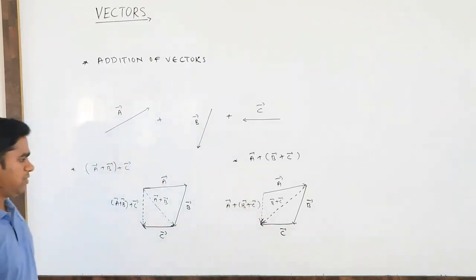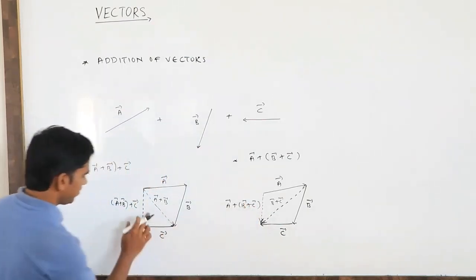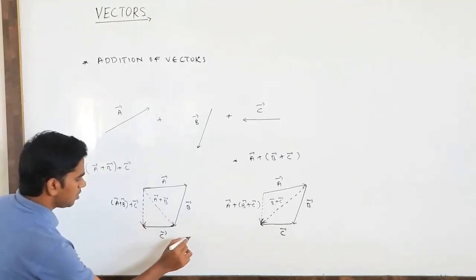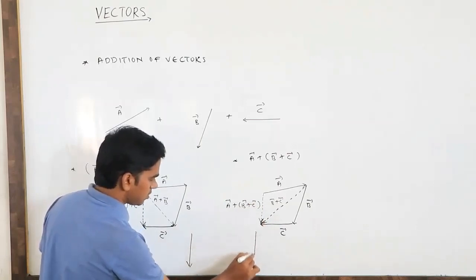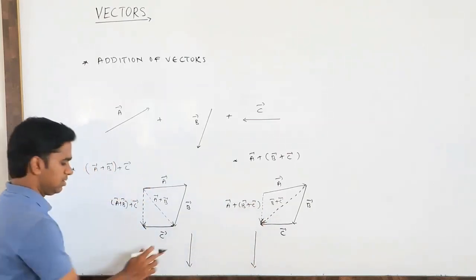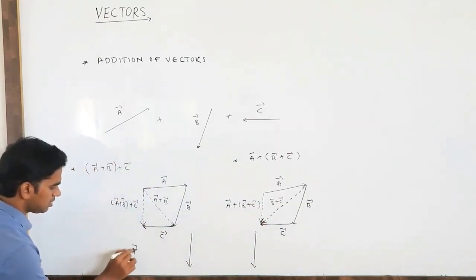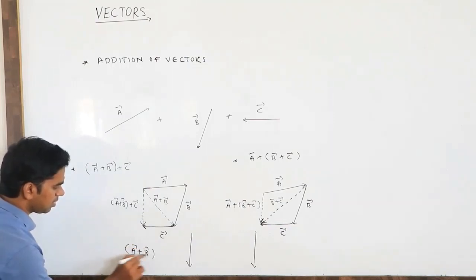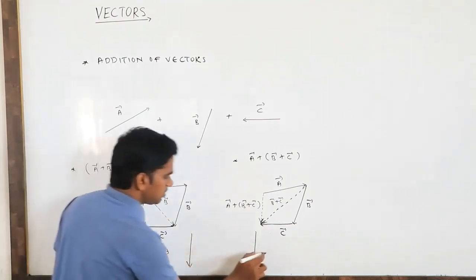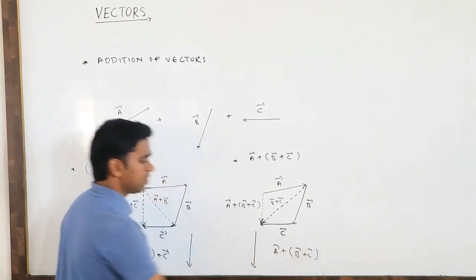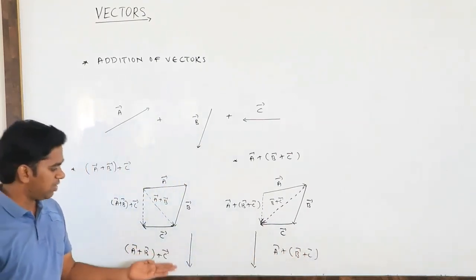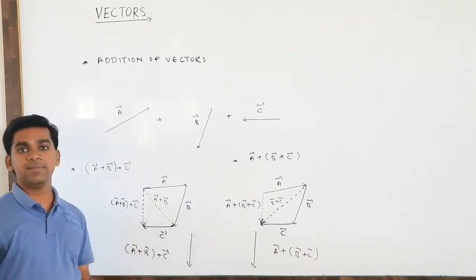Okay. So if you look at both the resultants, this resultant is in this direction, and this resultant is also in this direction. This resultant is what? This is A plus B plus C. What about this one? This is A plus B plus C. Okay. However we add, you are getting the same result.